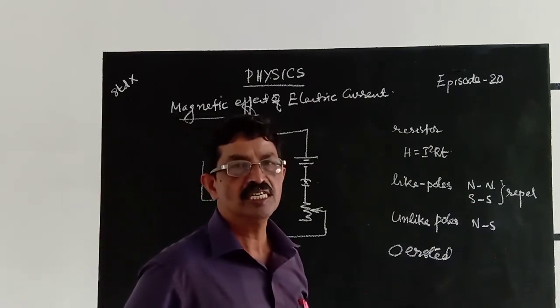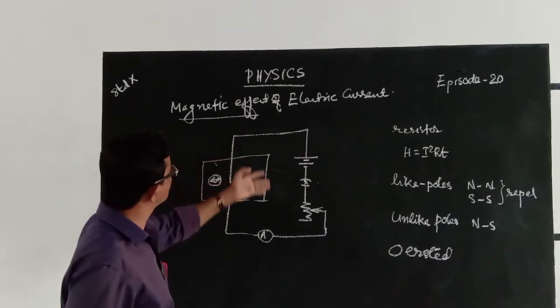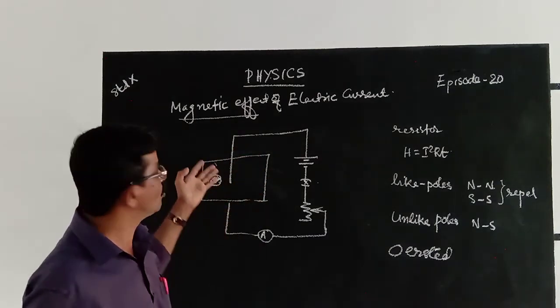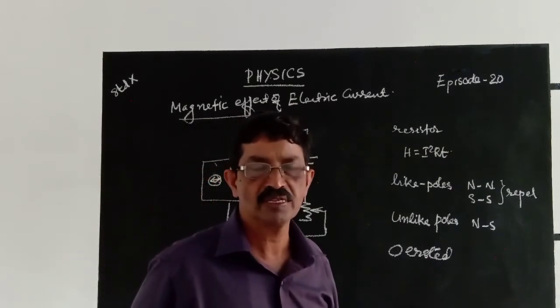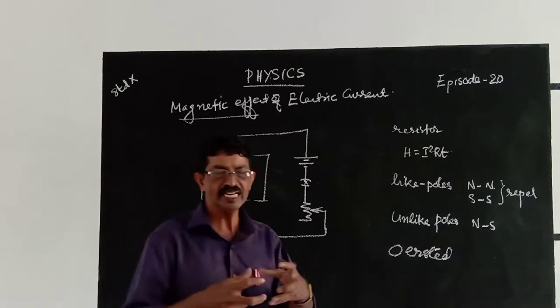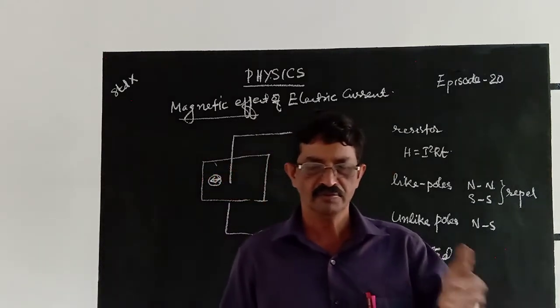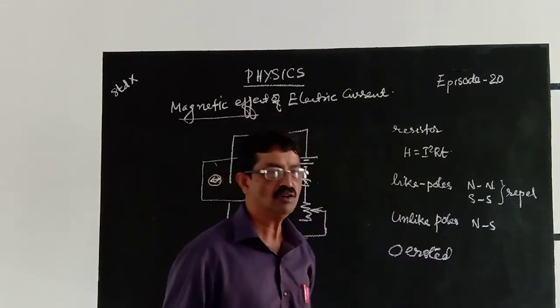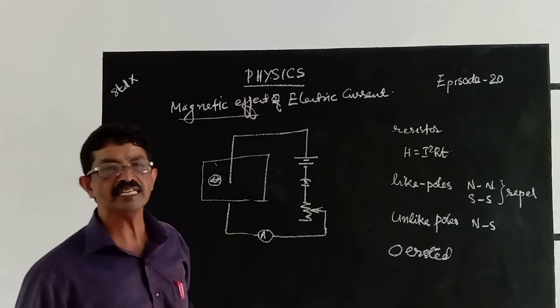He first observed the properties of electromagnetism accidentally during his observation. That means when a compass is placed near a current carrying conductor, it is deflected.